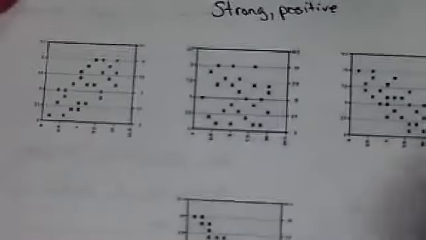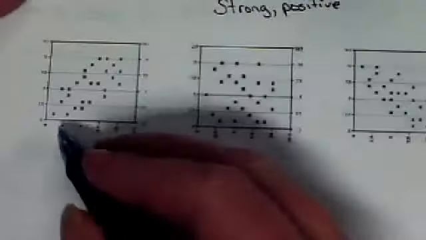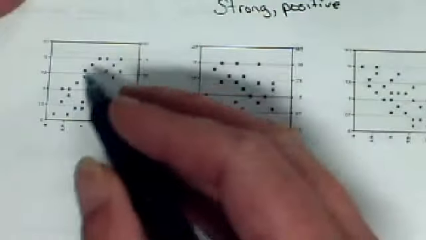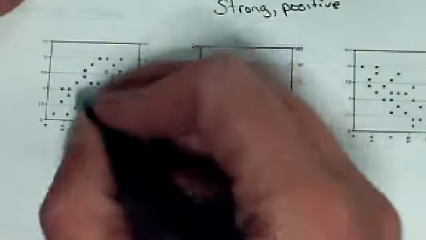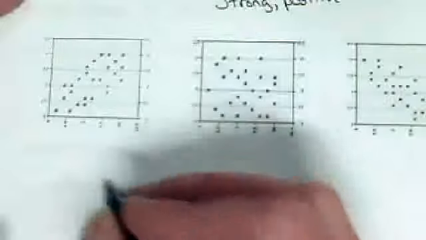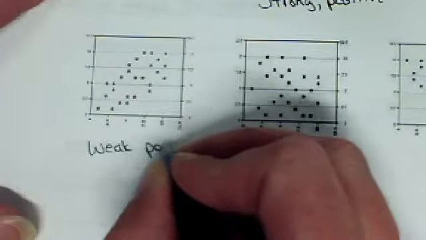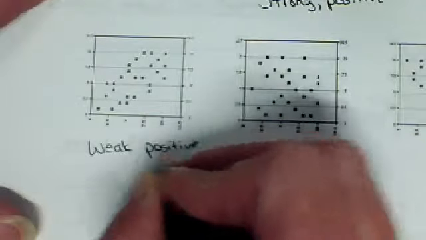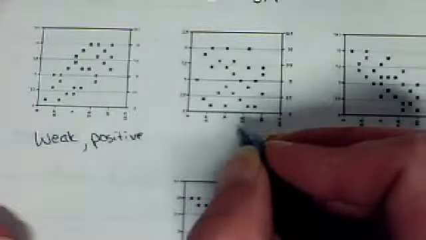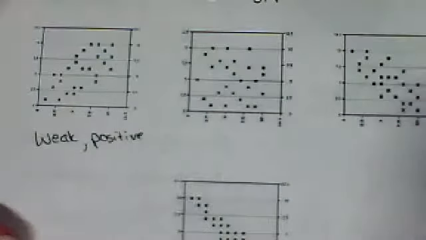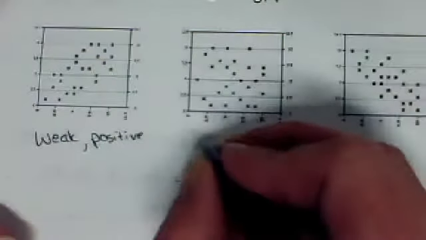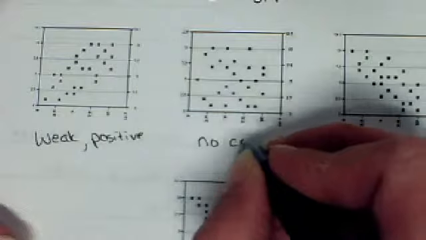Well, what about these others? Well, this one's still positive, but notice how the points are very, very diverse. They're separated. This would be considered a weak positive. What about here? Do you see any kind of pattern? I would say this one is no correlation.